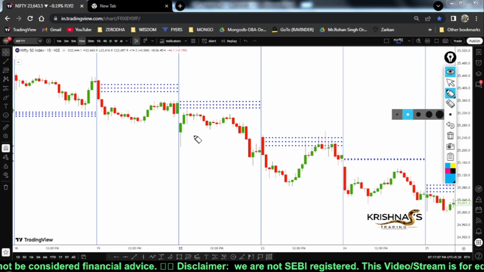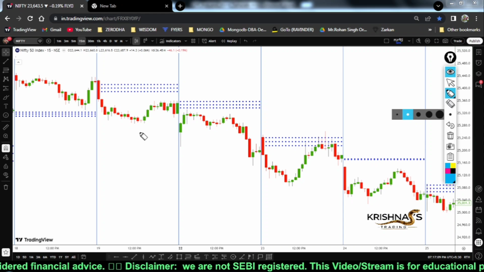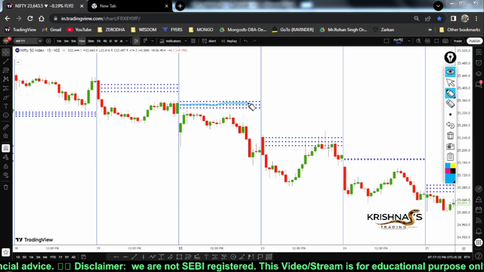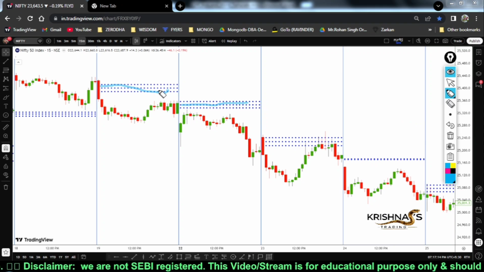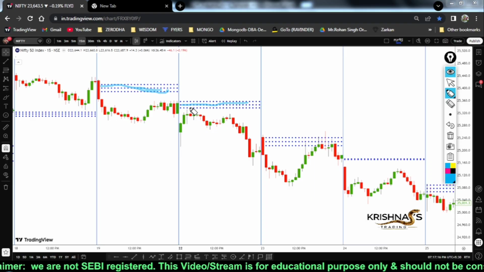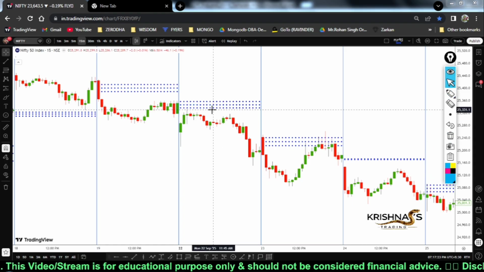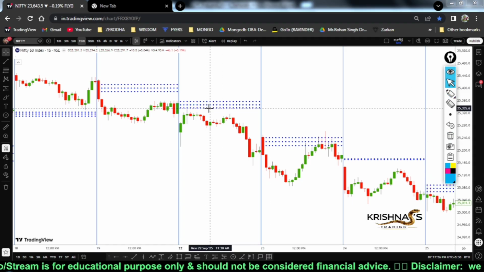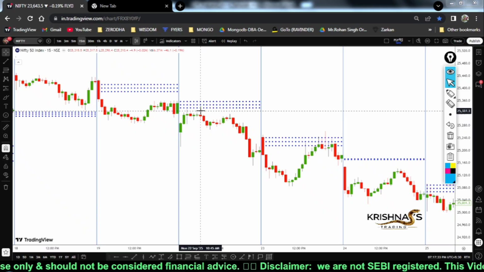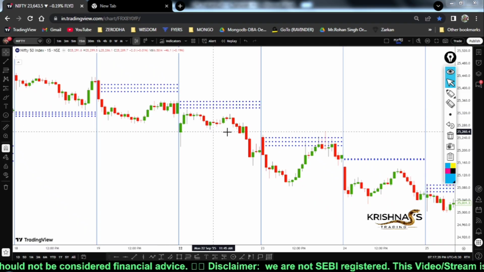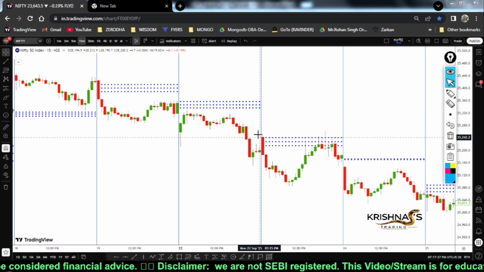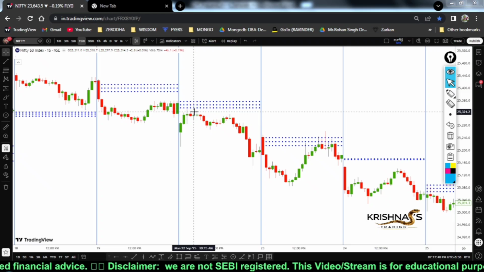Descending CPR. For example, assume this is today and this is the previous day. If today's CPR levels are lower than the previous day CPR levels, then this is a descending CPR. Also, there is one more condition. If the price or candles are forming below the CPR, then only we consider it as a descending CPR.